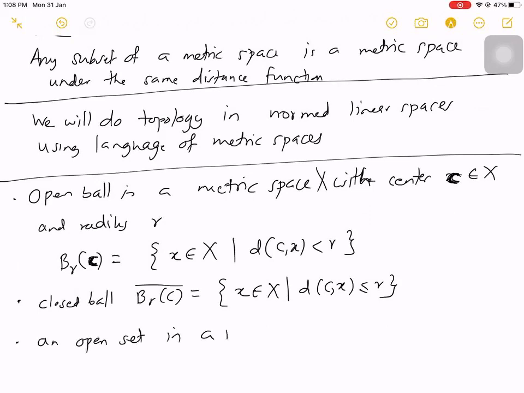An open set in a metric space is one of the form which is just an arbitrary union of balls.